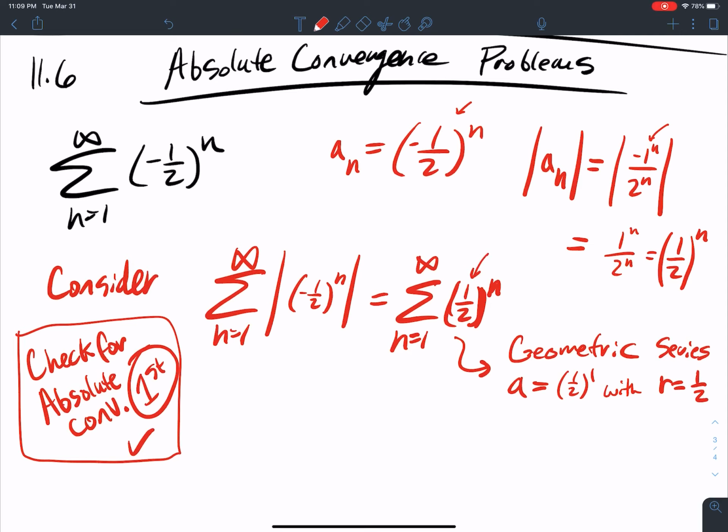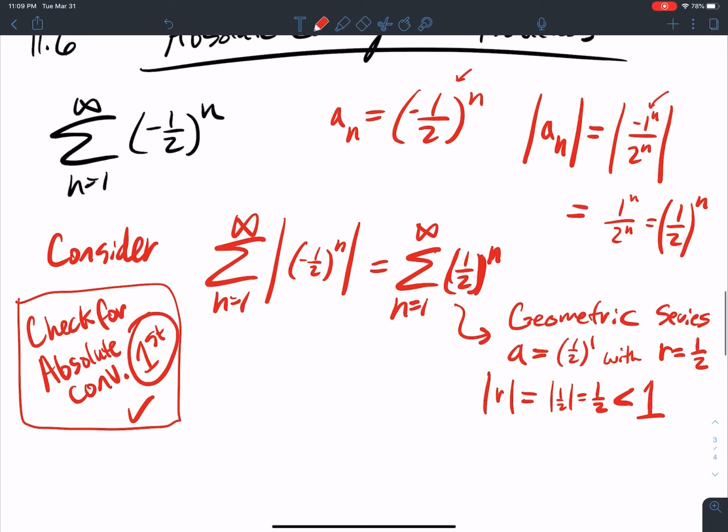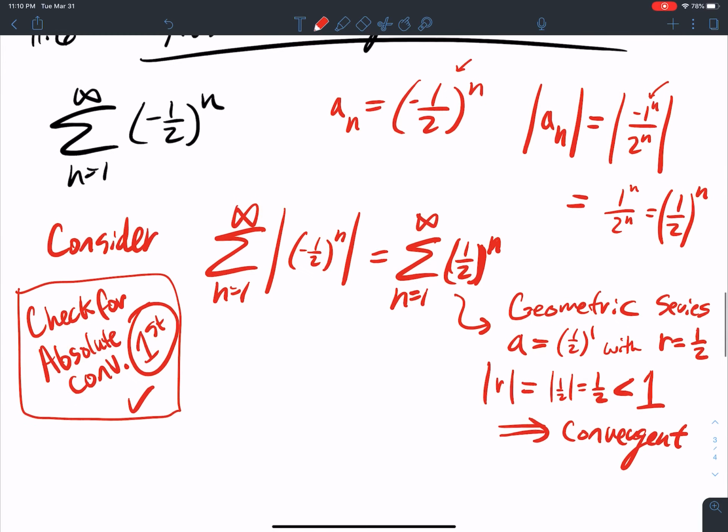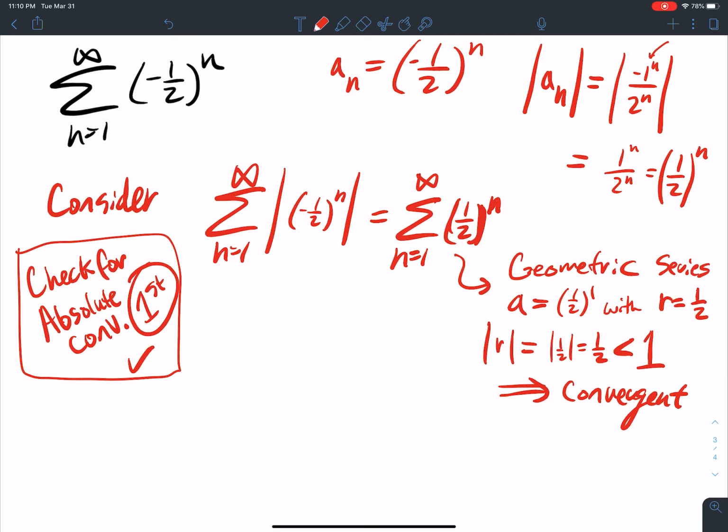I multiply by 1/2 each time to get the next term. So what does that tell me? The absolute value of r is equal to the absolute value of 1/2, which is 1/2. That's less than 1. And this tells me that I'm convergent by our geometric series test.